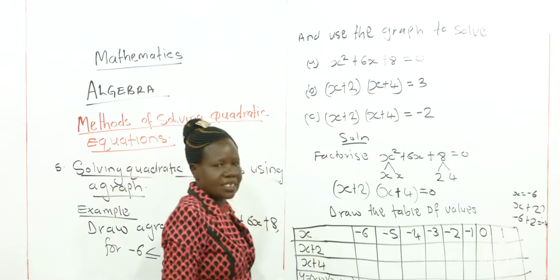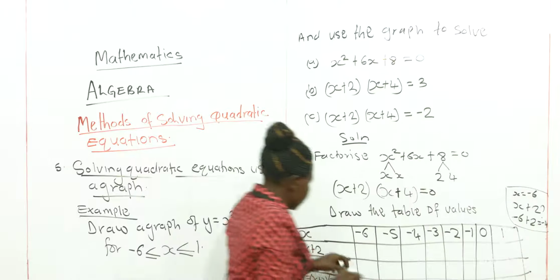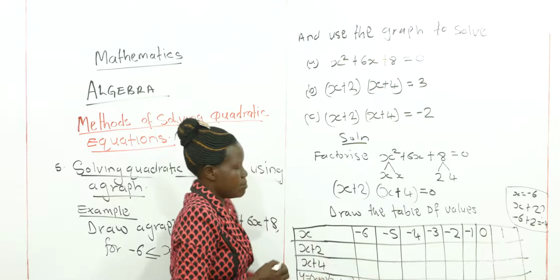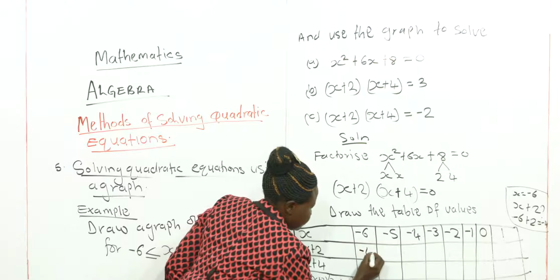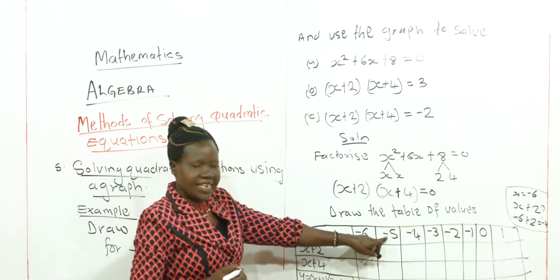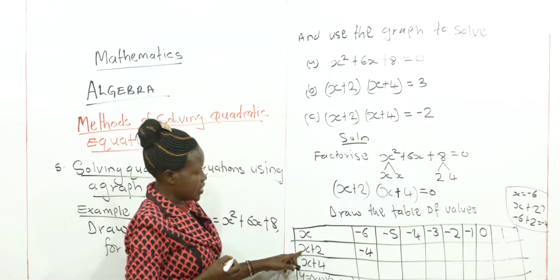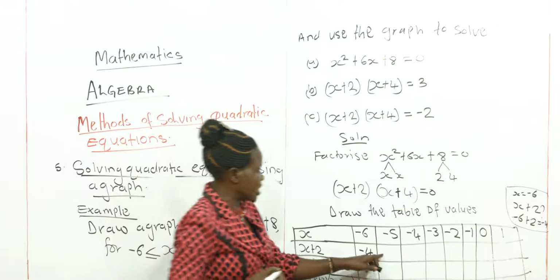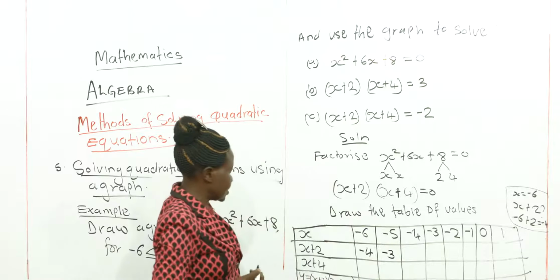So learners, that is how you will work out the solutions for these other blank squares. So here we shall get negative 4. And then here, if x is negative 5, meaning where there is x, you place negative 5, which will give us negative 3.